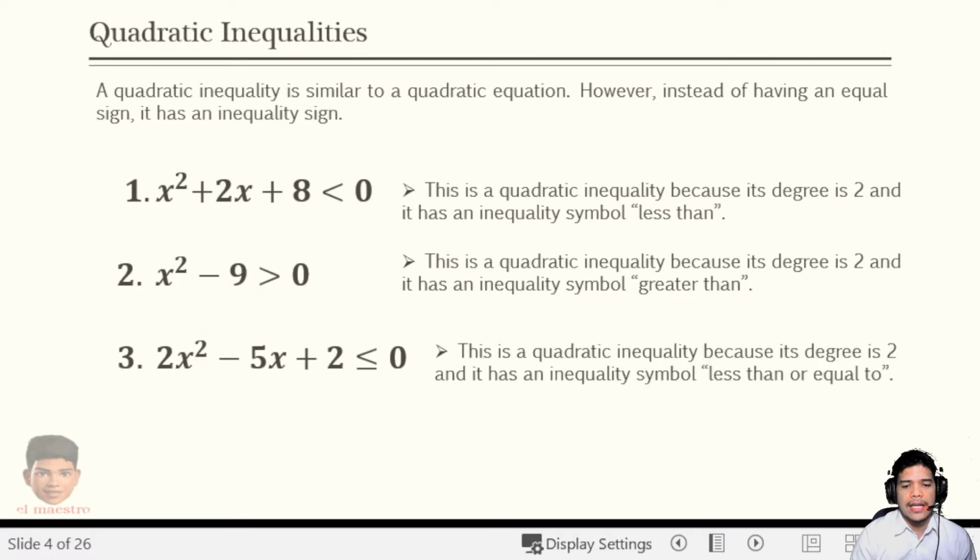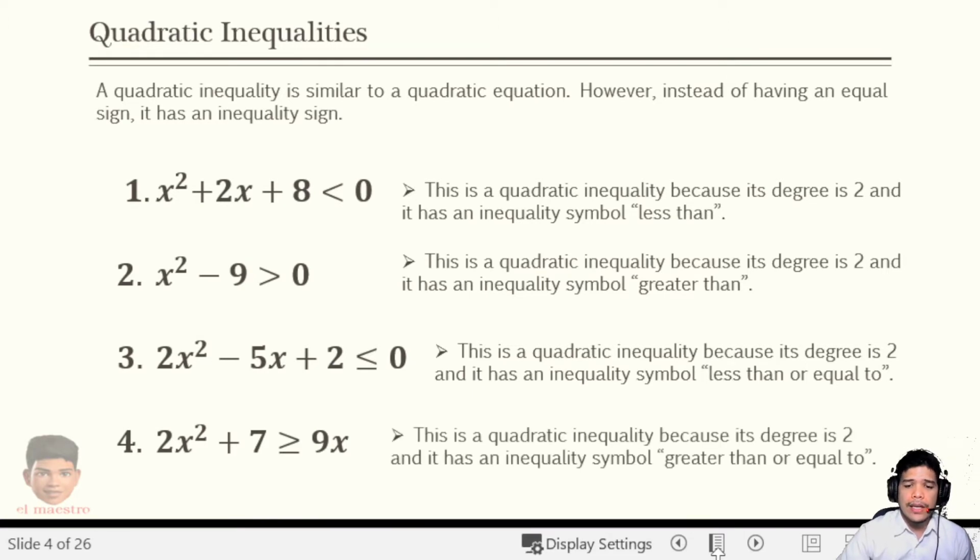a quadratic inequality. And last, 2x squared plus c greater than or equal to 9x. Is this a quadratic inequality? Yes, still a quadratic inequality, but not written in its standard form.